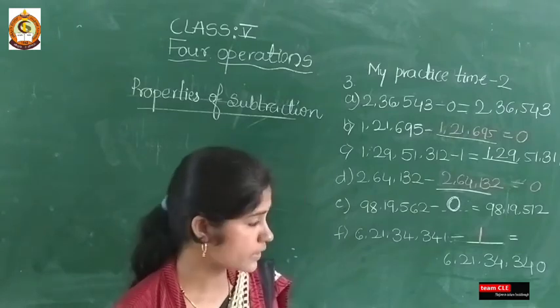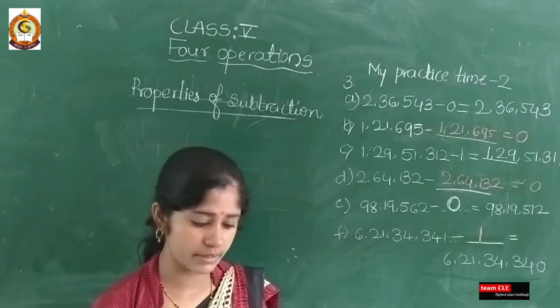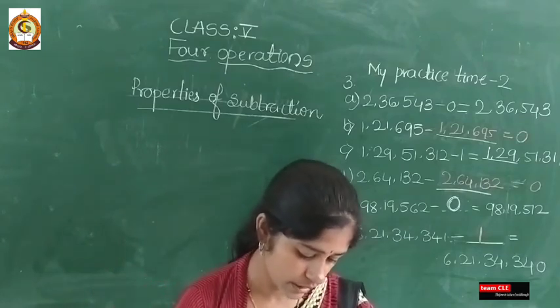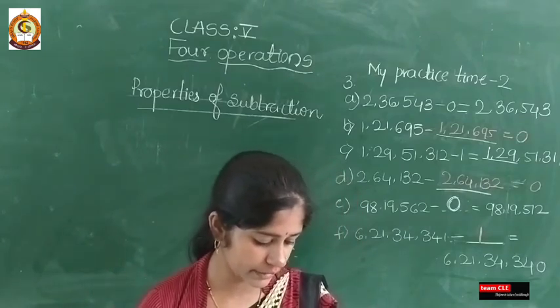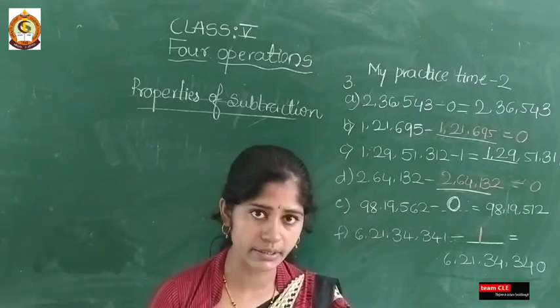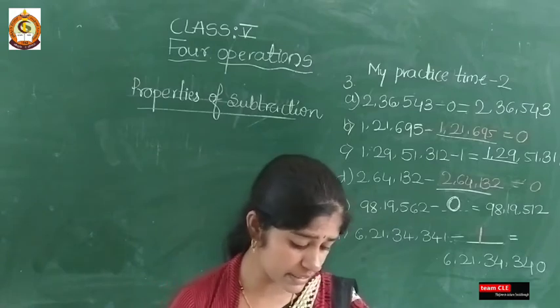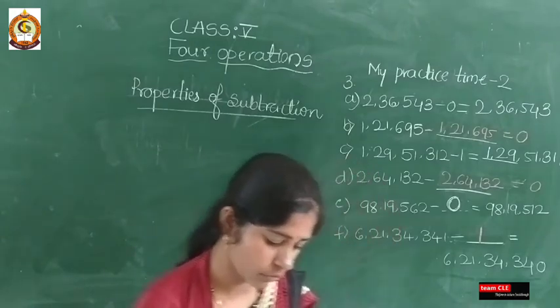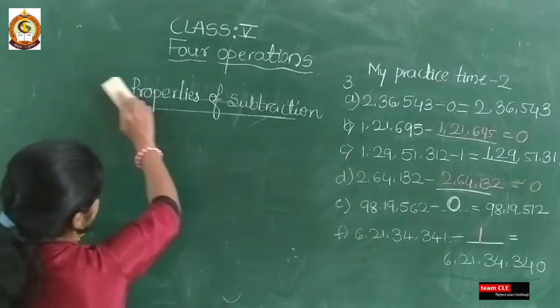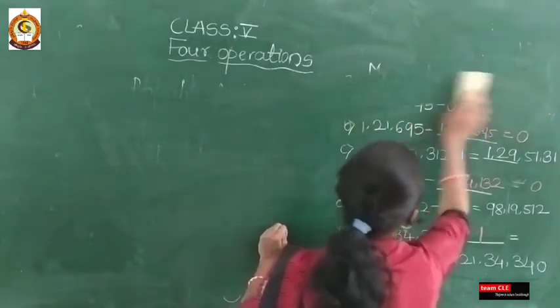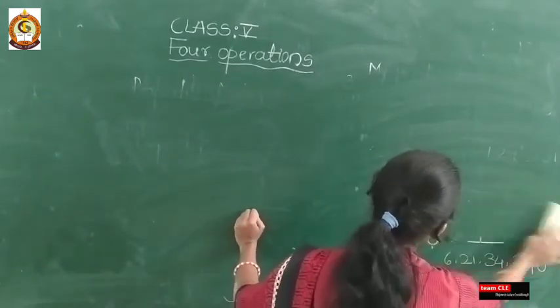See here, this is about subtraction and properties of subtraction, and page number 95 is there. Try to solve those examples. Okay, so let us take some examples from your My Practice Time 2, and the first question is subtraction.